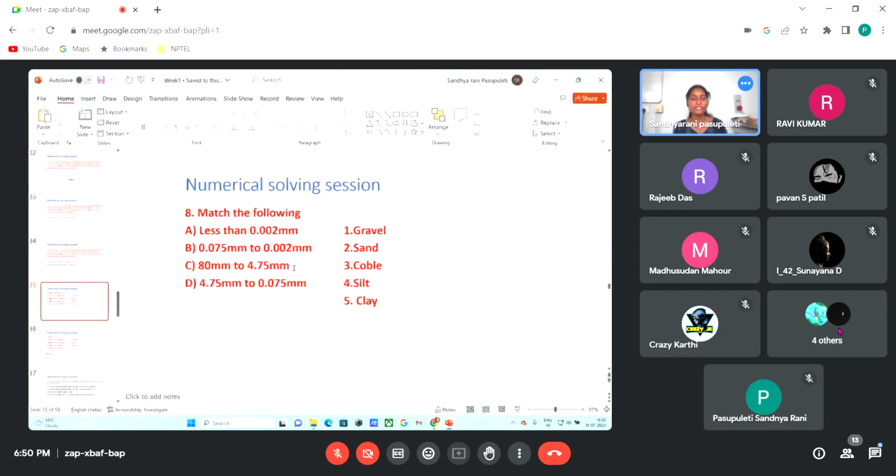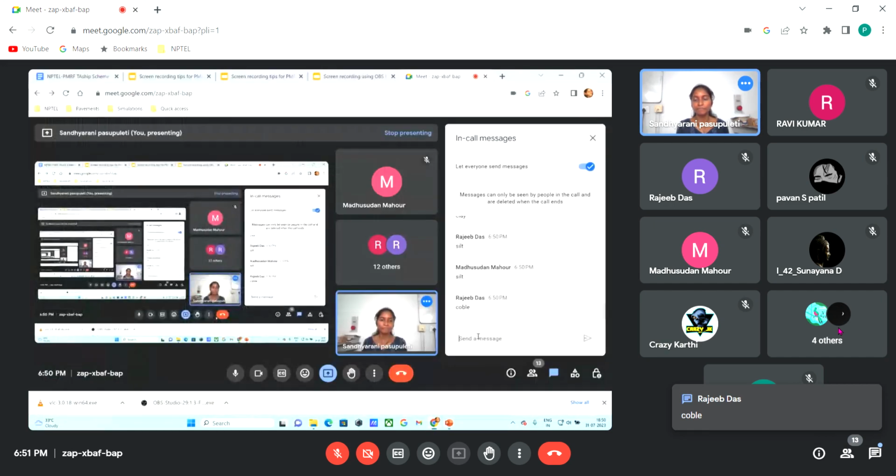And if you see the C, it is 80 mm to 4.75. So what do we call this? If the material is retained on 4.75, what do we call that? Any other answers?